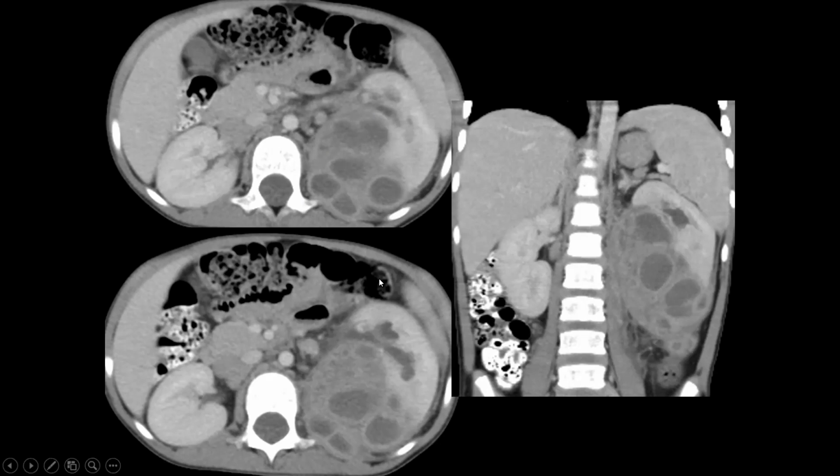We found that there was history of urinary tract infection, the symptoms of infection were masked by the antibiotics and analgesia.